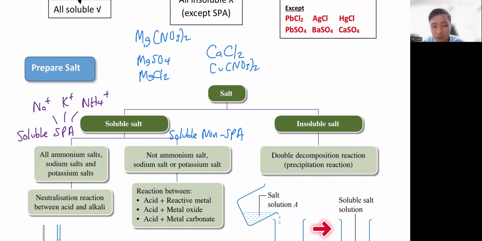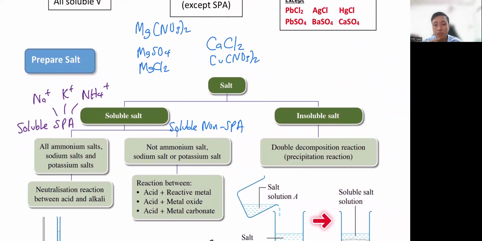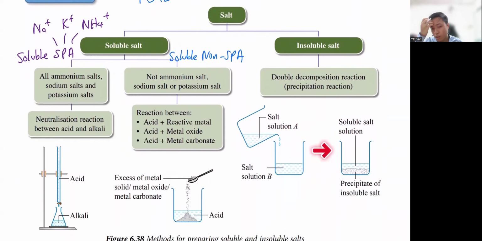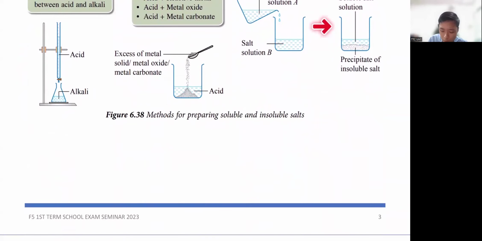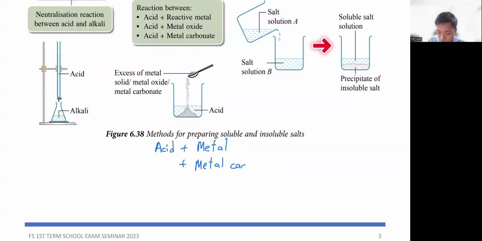First of all, before that, you need to know the reactions of acid. Acid can react with four things. Number one, acid can react with metal. Number two, acid can react with metal carbonate.